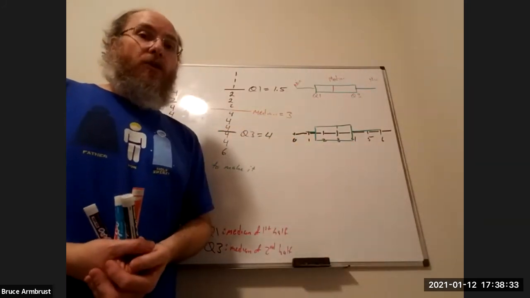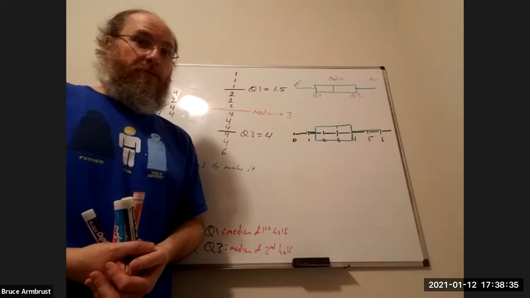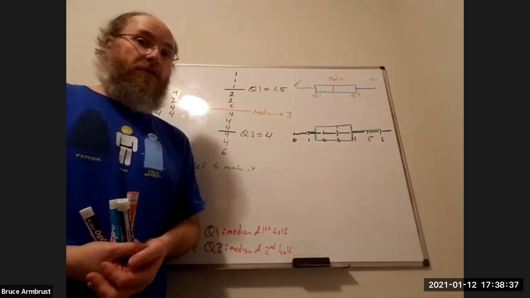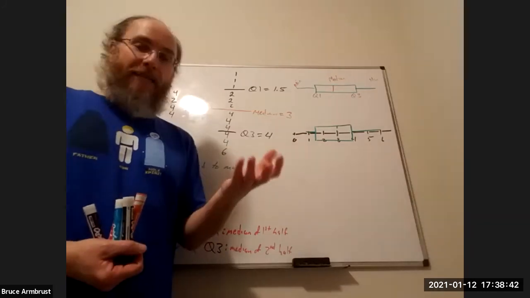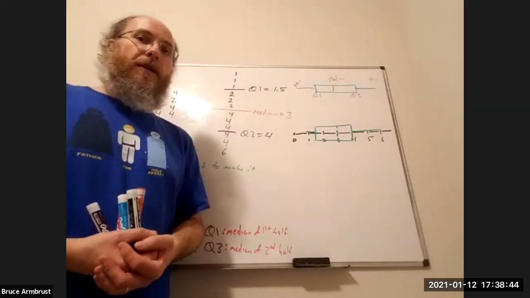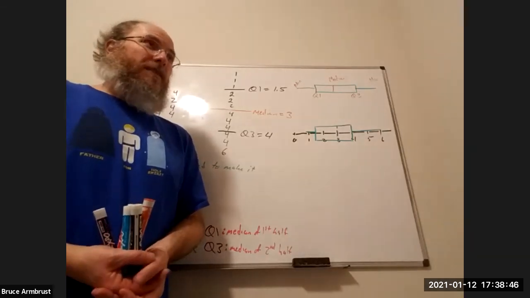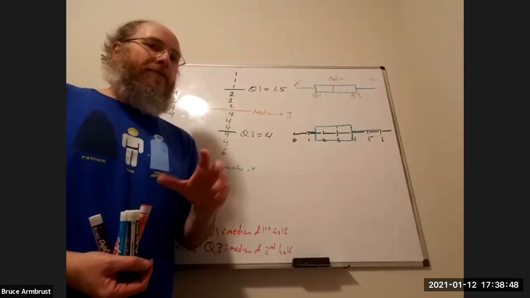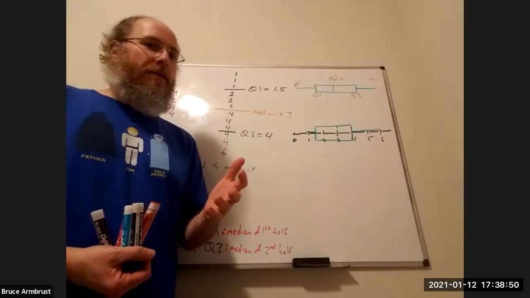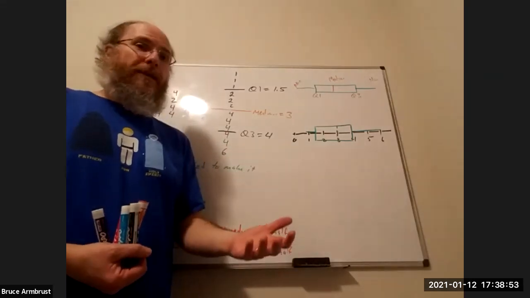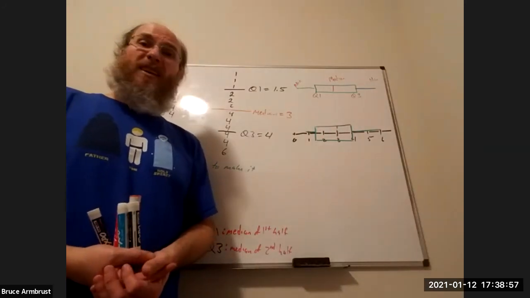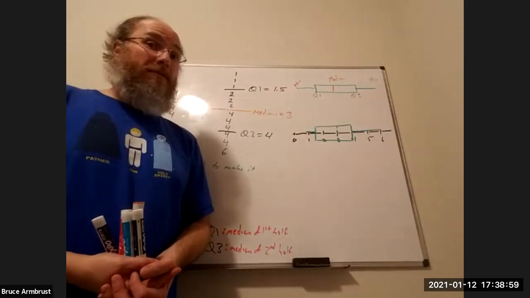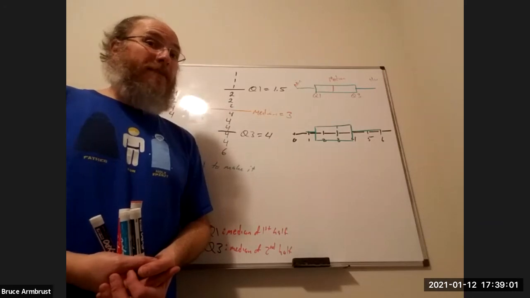Well, if one of those whiskers is long, what that tells you is that the maximum or the minimum value is what we call, well, not technically, but the common word is outlier. Like, it's unusual. If you've got a really long whisker, it means that that data value is a little bit weird. It's quite possibly an outlier, right?